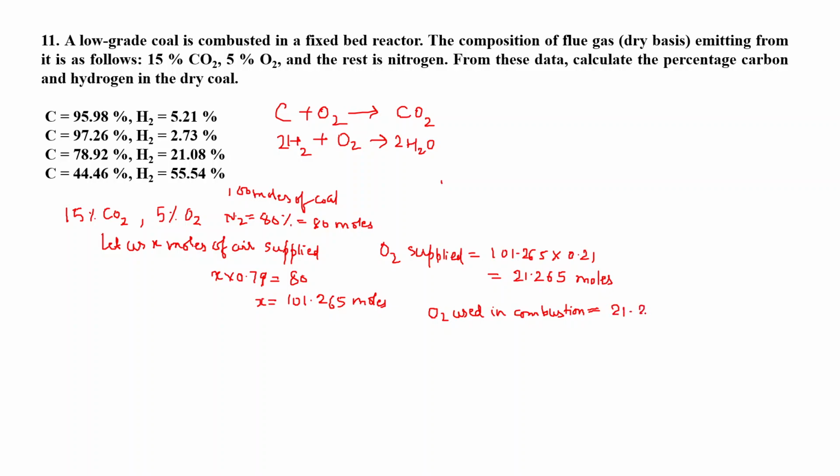Supplied minus excess gives the moles used. So it is 16.265 moles of oxygen that are used in the combustion. The amount of carbon present in the dry coal is 15 moles.